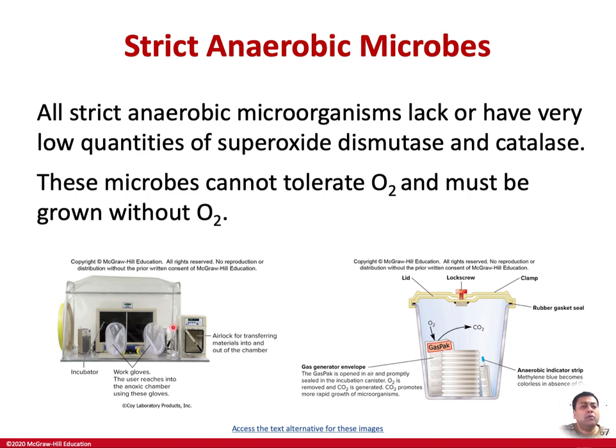This manipulation is only required if the strict anaerobes cannot tolerate even minimal exposure to oxygen. In the laboratory, most of the strict anaerobes can tolerate oxygen for the time needed to transfer from one plate or tube to the other.